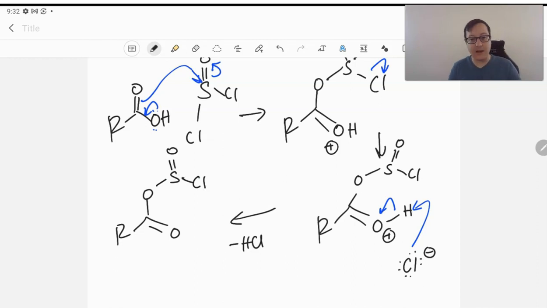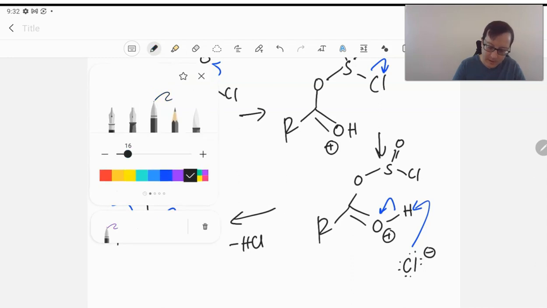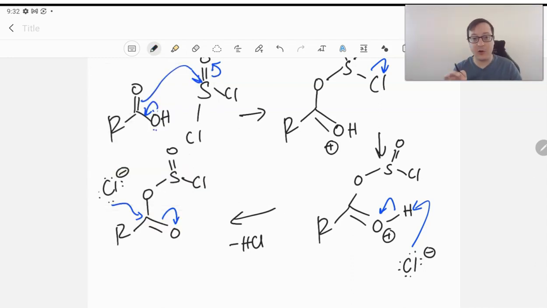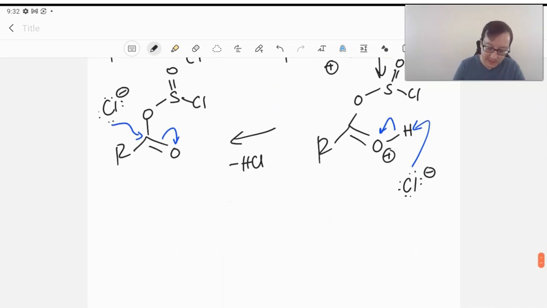We have our excellent leaving group. We're going to have a second chlorine come along now. It's going to come along and attack as a nucleophile. We're going to go ahead and open this up. Now we have essentially that O-S-O-Cl group as a leaving group.